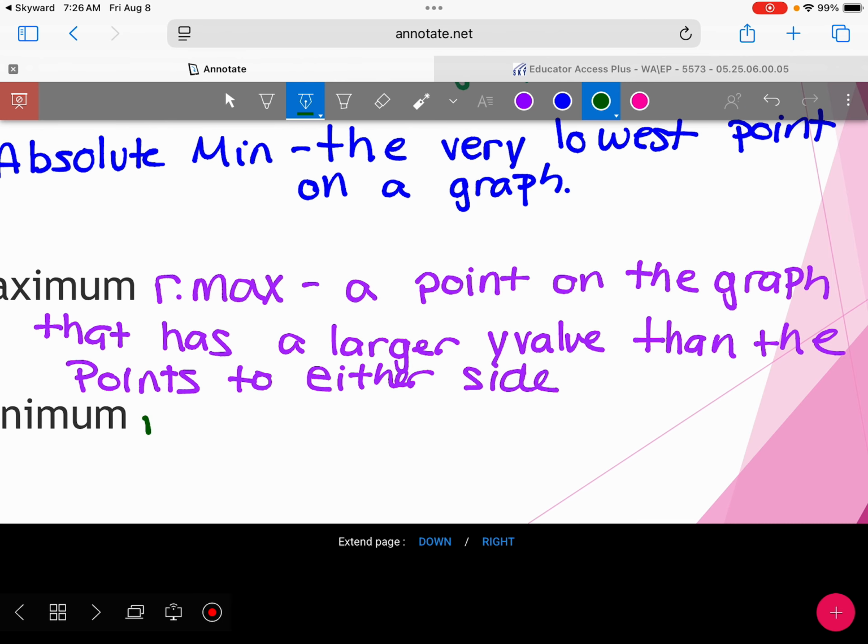So our relative minimum, which again we often abbreviate as R min, just because both relative and minimum are annoying to spell.